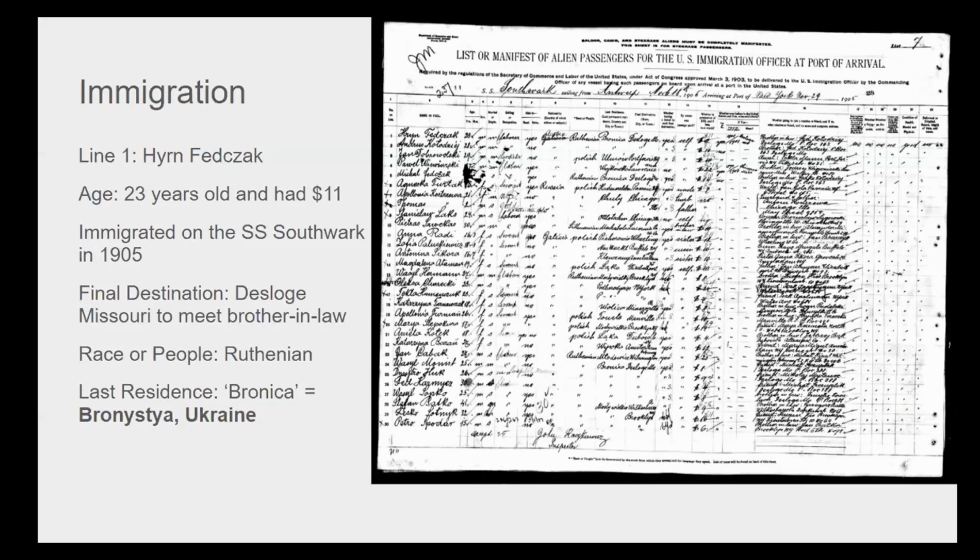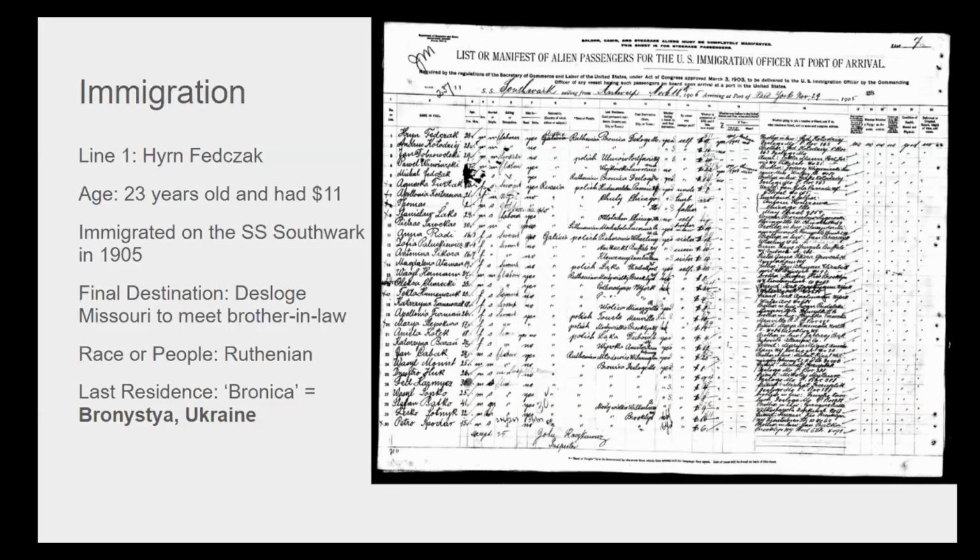So he says his intended destination was Missouri. He was going to reunite with his brother-in-law, and he provided the name of the brother-in-law on the record. And so this data is a good way to broaden your search and potentially discover more family connections.